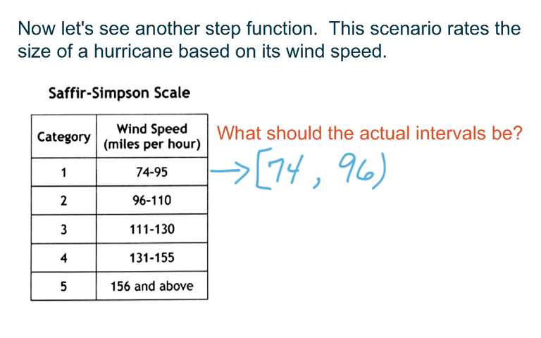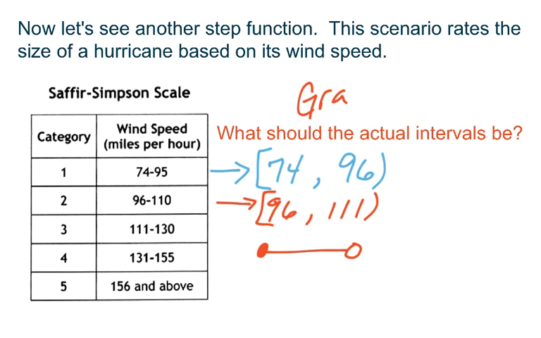Category 2 is going to start at 96 and go all the way up to 111, but not include 111. So on and so forth. So this is going to be a place where we have a closed circle all the way to an open circle.